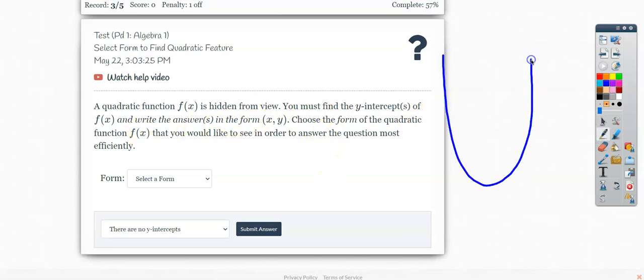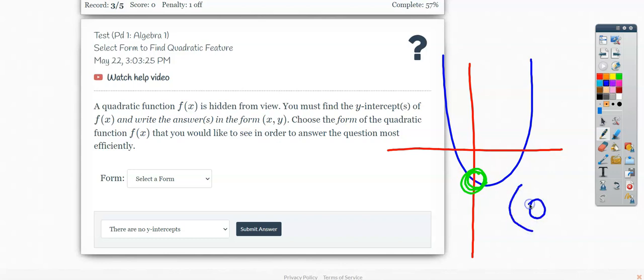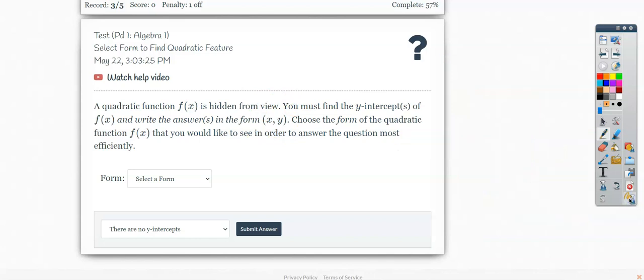Well, if you have a y-intercept, which for us is right there, then that means your x value is 0, and your y value is that particular number. So when it says it wants us to write our answer as a point, we're definitely going to have a 0 in there. But now we have to figure out where that y-intercept is.